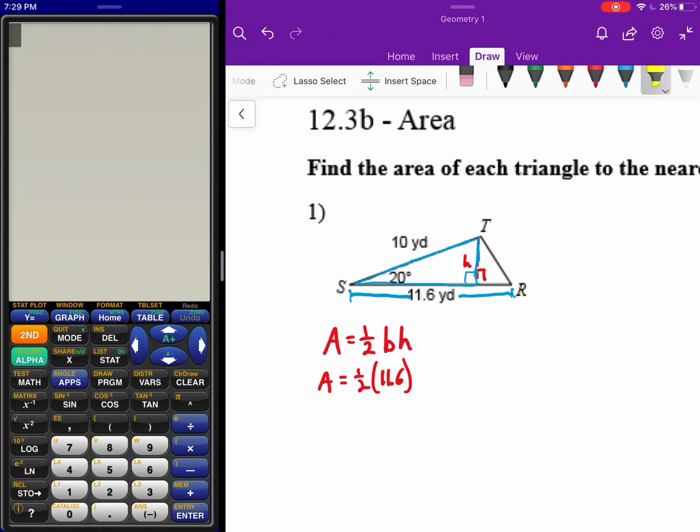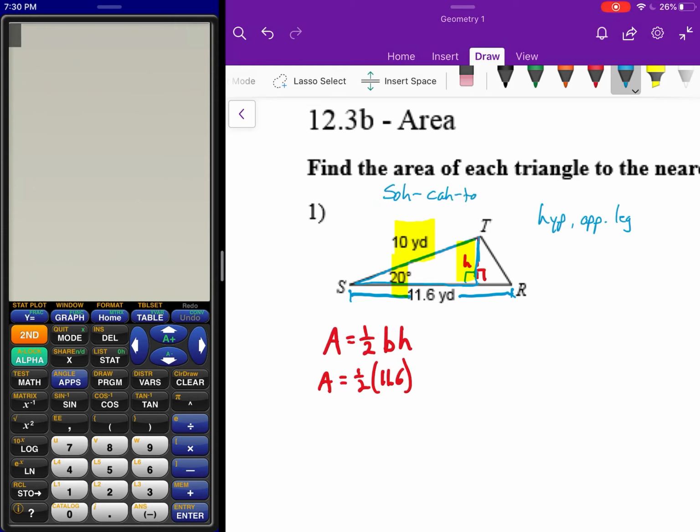So we want to find h, and we have this 20-degree angle. We have the hypotenuse of the right triangle. I know it's not a hypotenuse in the original triangle, but the hypotenuse of the right triangle is 10 yards. And then we have this value h, which is the opposite leg of the 20-degree angle. So we have the hypotenuse and the opposite leg.